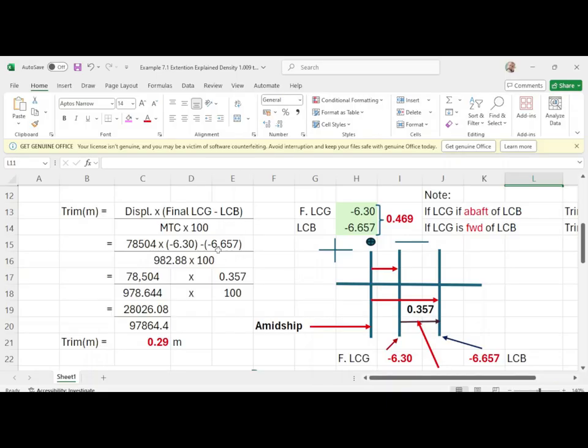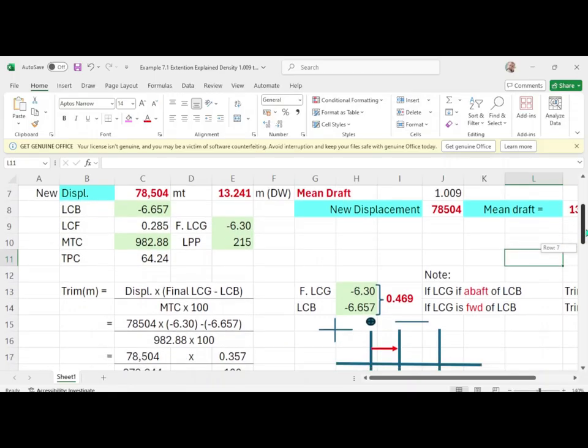So that it will be a trim by the stern. By transposing the formula, displacement, which is 78504, times your final LCG of negative 6.3 minus your LCB of negative 6.57, over your MTC of 982.88, which is 1 times 100.